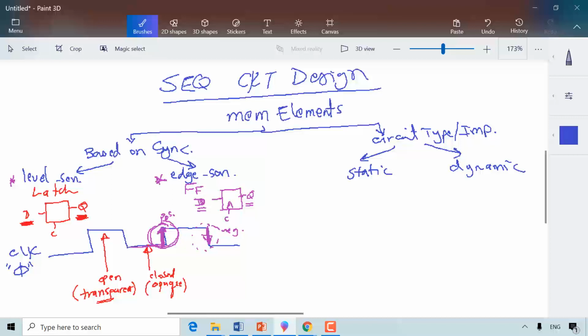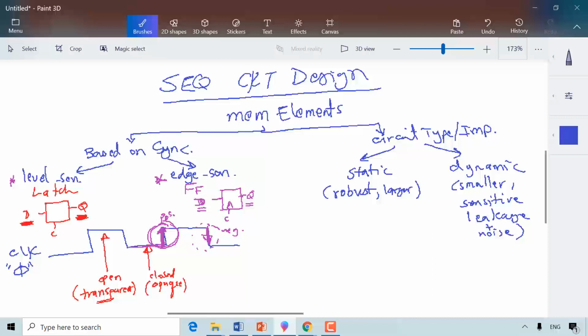We're going to get into the details of static, but typically static are more robust and larger. Dynamic circuits are smaller but sensitive to noise and leakage. Typically they are used for very specific, specialized purposes.